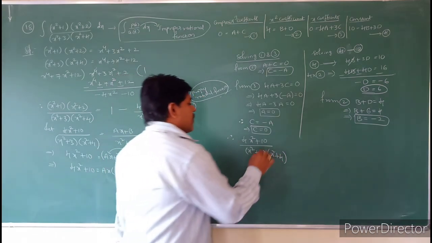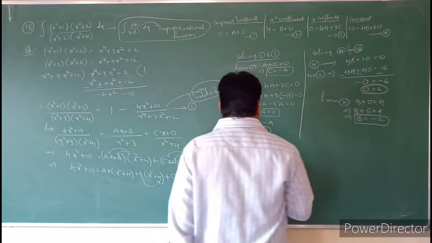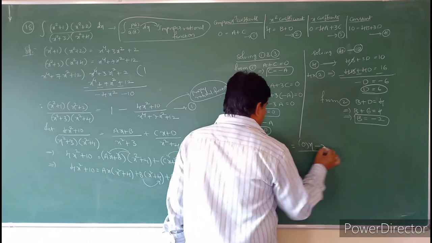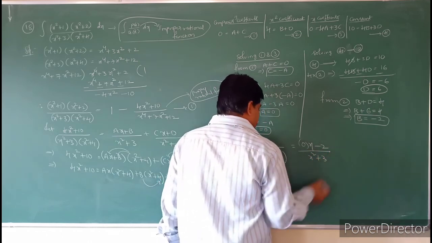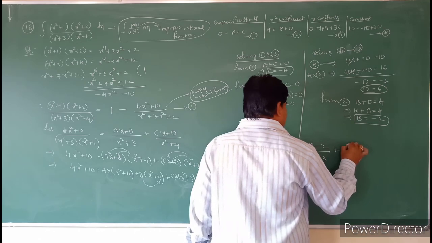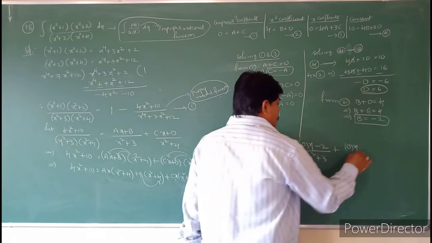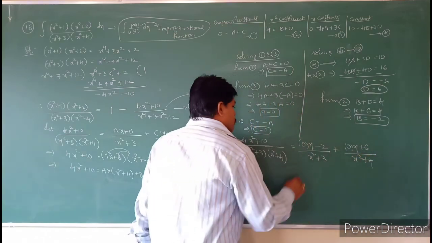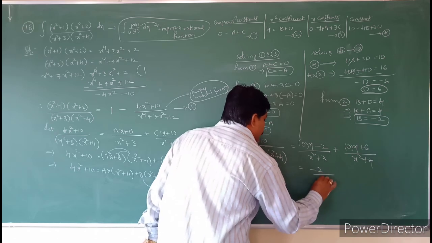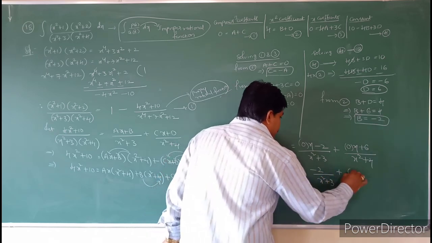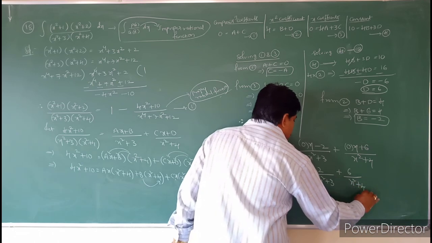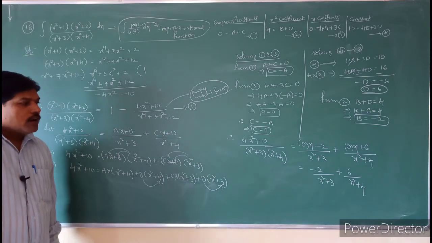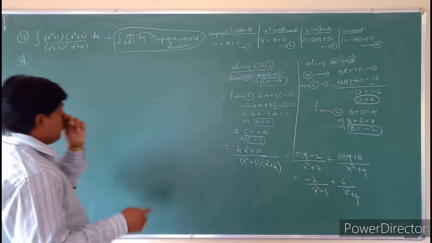You can write it as a, which is 0, into x plus b value, which is minus 2, by x square plus 3, plus c, which is 0, into x plus d, which is 6, by x square plus 4. So this is nothing but minus 2 by x square plus 3 plus 6 by x square plus 4.